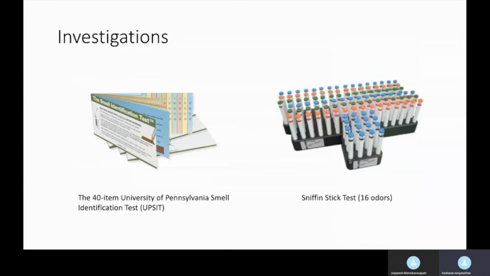So it's worth spending some time to read around these two tests, and have a brief explanation of how you're going to do them. The UPSIT test basically has 10 envelopes, each containing 10 scratch and sniff tests. Now, treatment of anosmia.